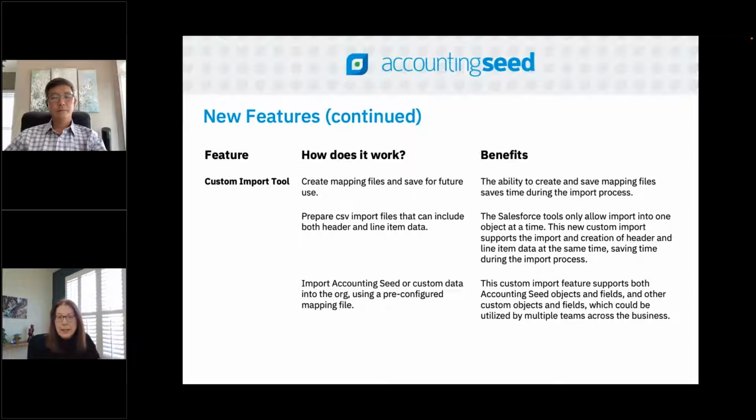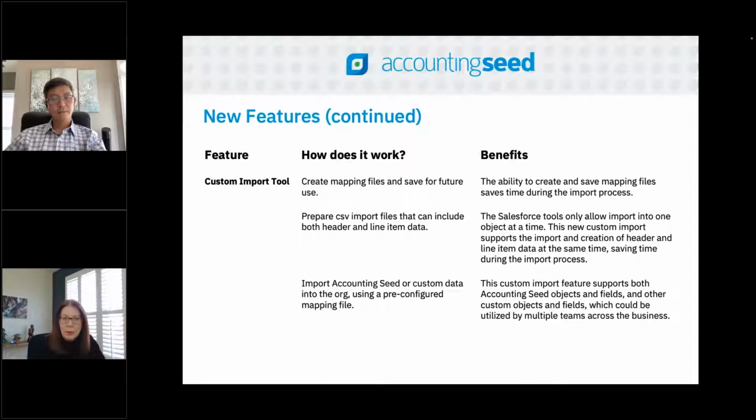Now, I call it a custom import tool. The reason I call it a custom import tool is because it allows you to import Accounting Seed data, Salesforce data, and even your other custom data. We all know that Data Import Wizard, Data Loader, and other import tools allow you to import data into your Salesforce org one object at a time.